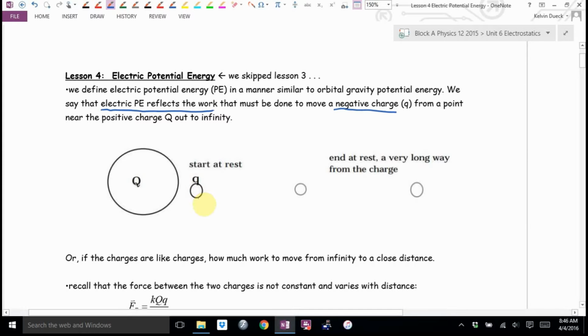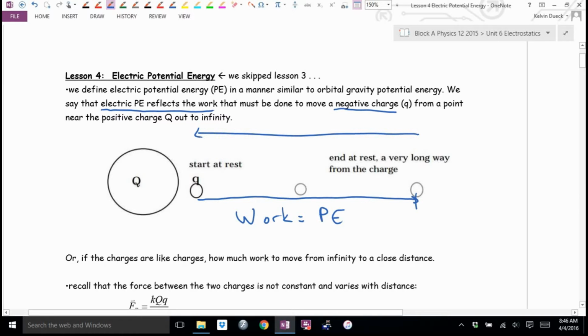So, the amount of work it takes to move and end up at rest, that's going to be the potential energy, how much work it takes. Or, if they're like charges, it will be how much work it takes to move them towards each other because they don't want to move towards each other.